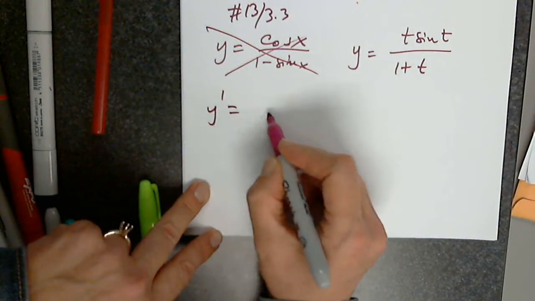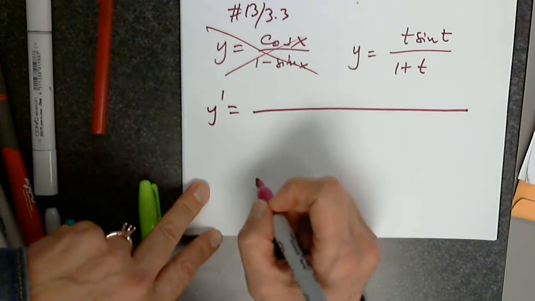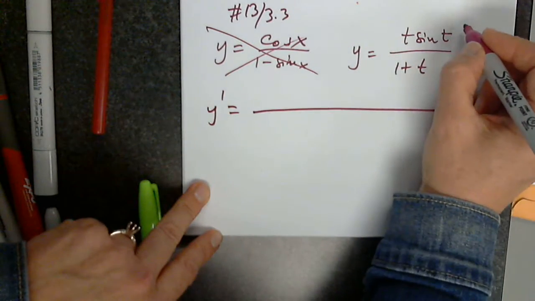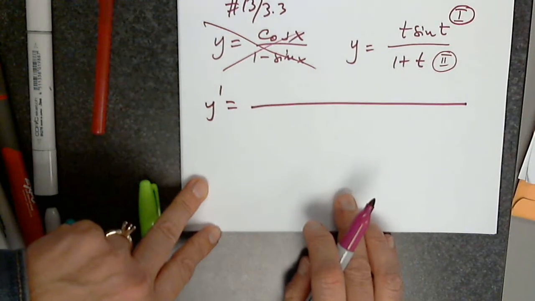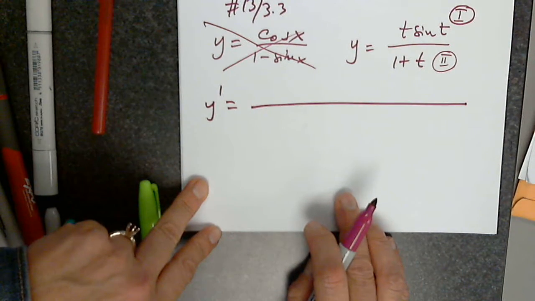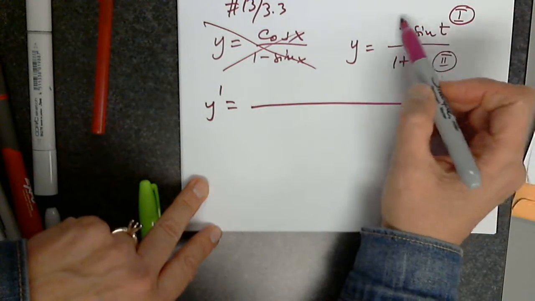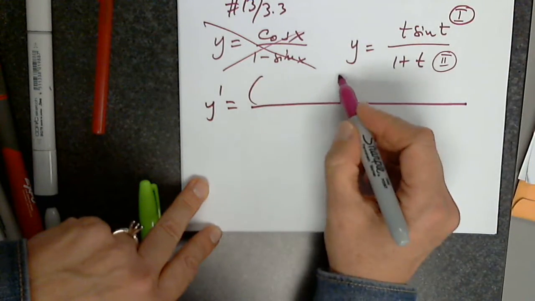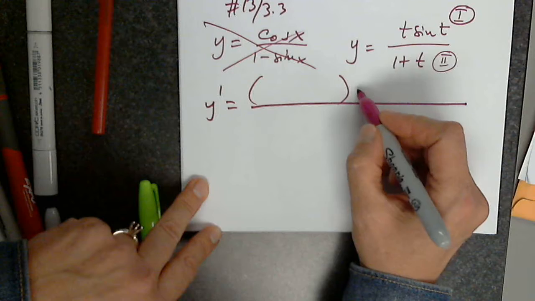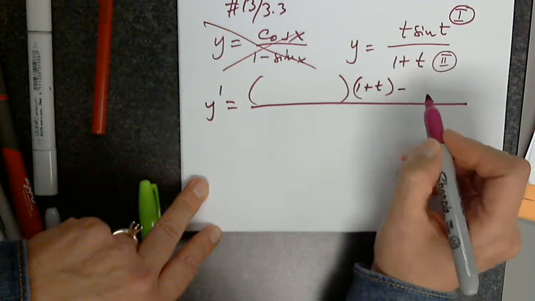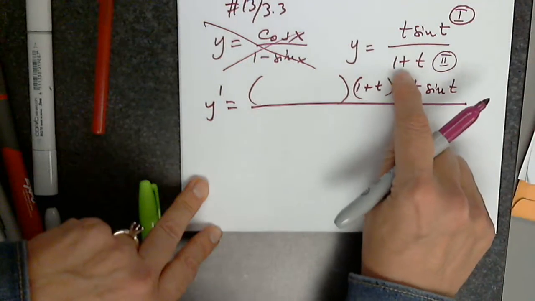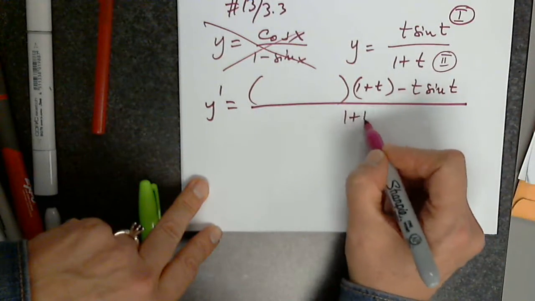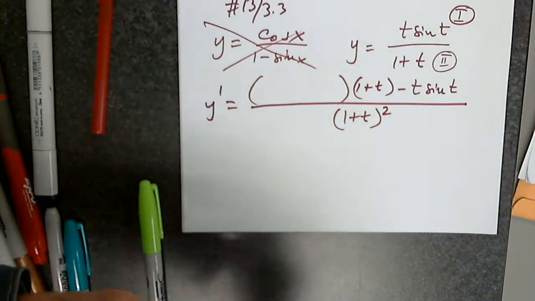So y prime: this is function 1 and this is function 2. However, function 1 is the product, so I need to differentiate the product. Then I multiply by 1 plus t, minus the numerator times the denominator prime, which is 1, over 1 plus t squared.